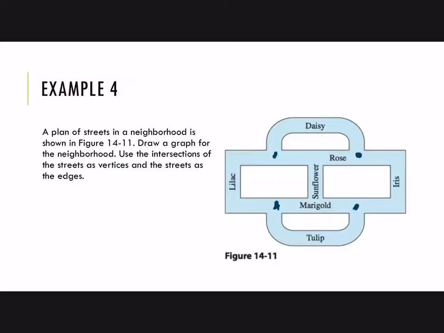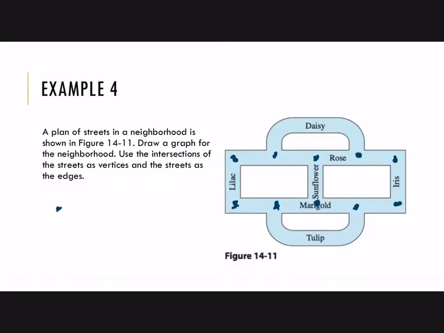So this one I'm just going to quickly do because I think this is pretty easy. The graph's going to look almost the same as this map. All right, so every time we have an intersection of 2 streets, we've got vertices here. Okay, Iris hits Marigold, Iris hits Rose.